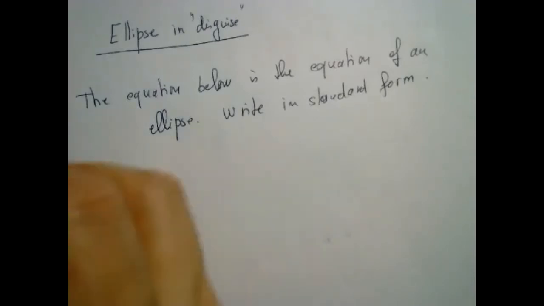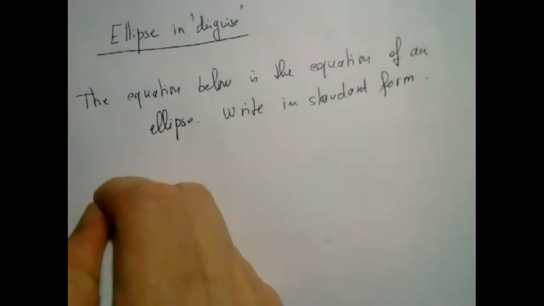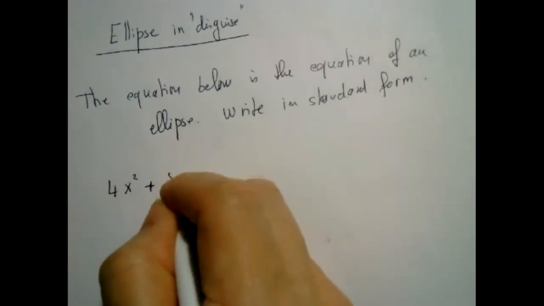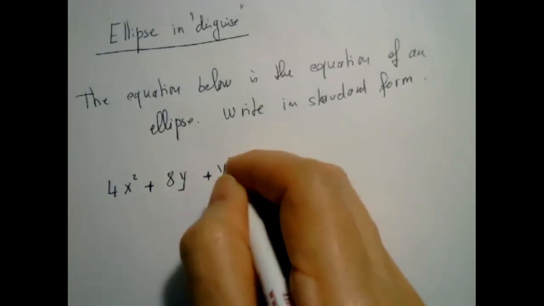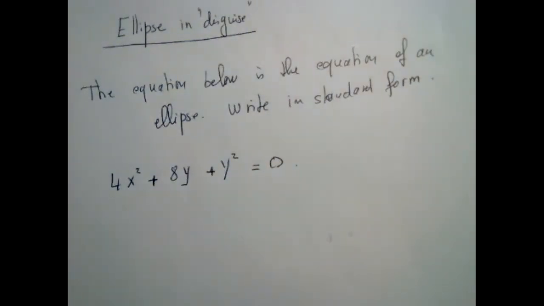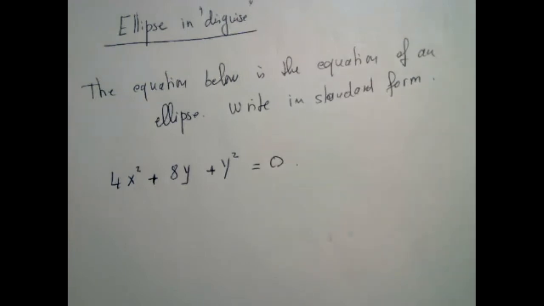So this is my equation: 4x squared plus y squared plus 8y equal to 0. Now if you look at this, of course, this is not an ellipse. It doesn't look anything like an ellipse, right?